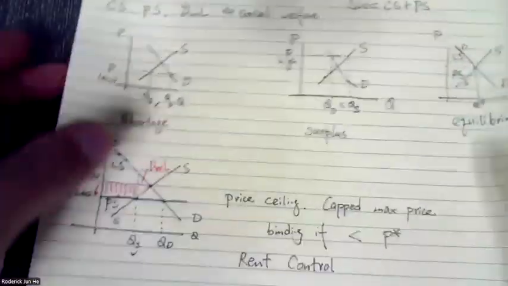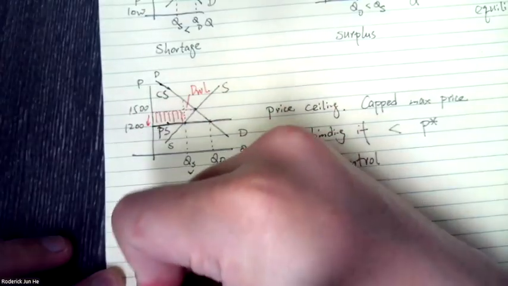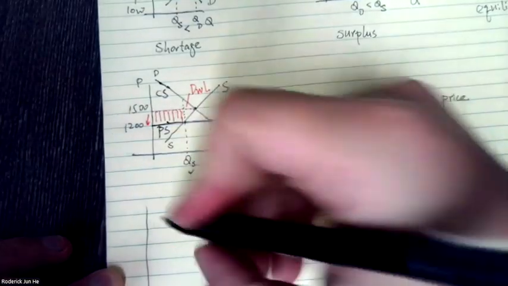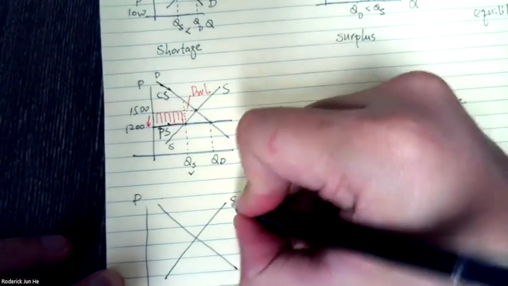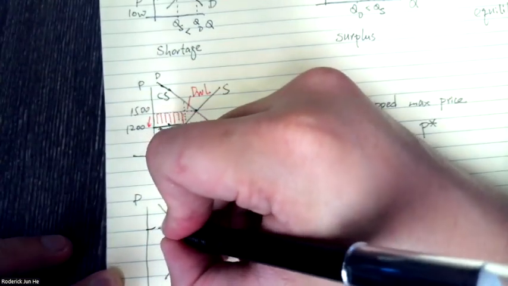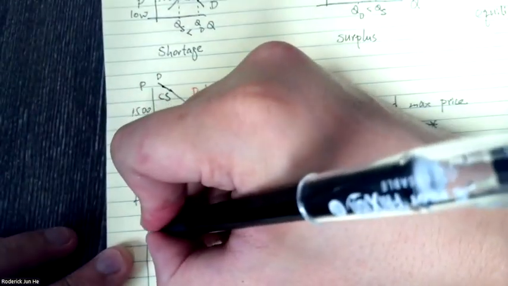Then we switch to price floor, which is something similar. It's just a different direction. So for a price floor, we have a too high price, used to be temporary. That's why I used a dash.